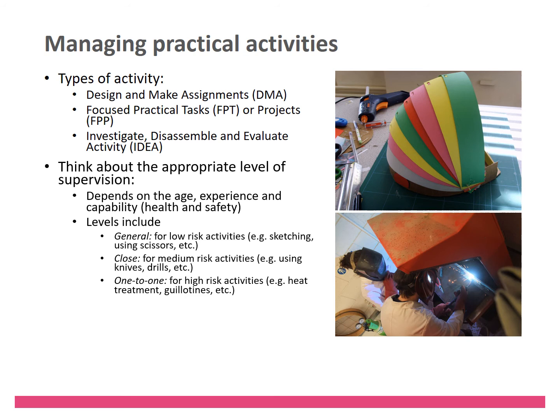And then there might be activities that you want one-to-one supervision, and that could be either you, a technician, or a teaching assistant supervising those, but those are things where there is a high risk to pupils using the equipment and those pupils around them, things like heat treatment, guillotines and so on. And you may choose not to use those items within lessons if you risk assess that and you think the risk is too high.